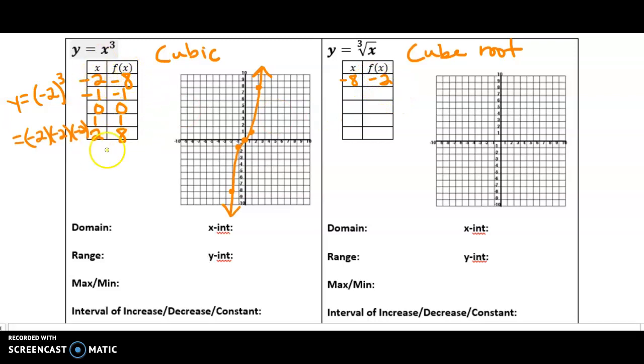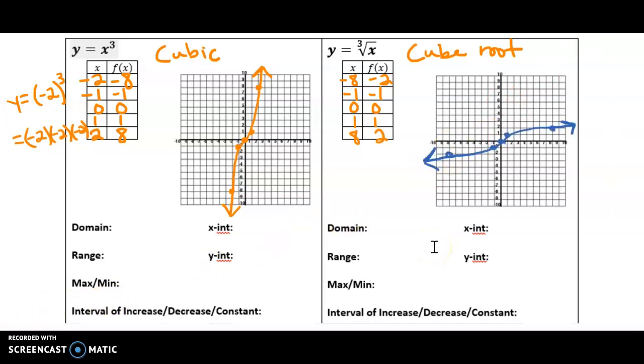It's exactly the opposite of what we literally just did. Cube root of -1 is -1. Cube root of 0 is 0. And I can do 1, 1 again, then 8, 2. All right. I'm going to pause for a second, make sure you can write that, and then I'll have my points plotted when we continue.